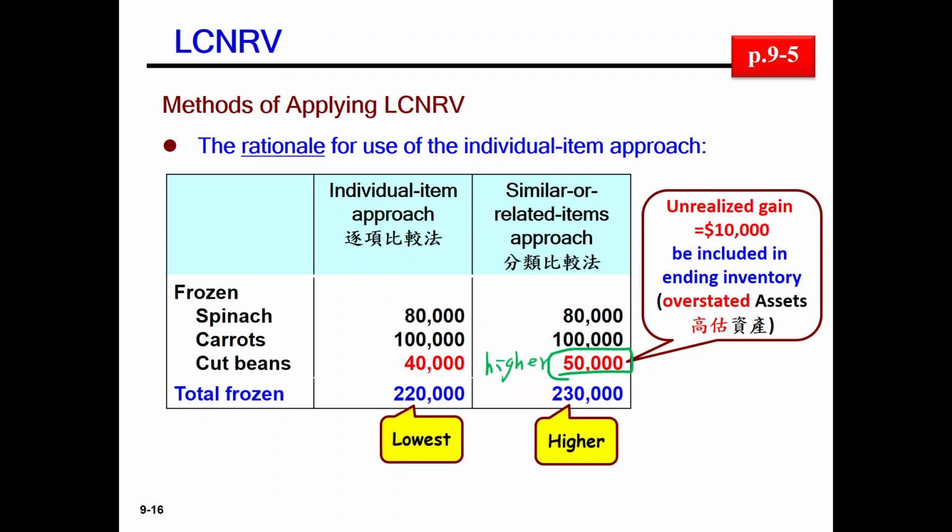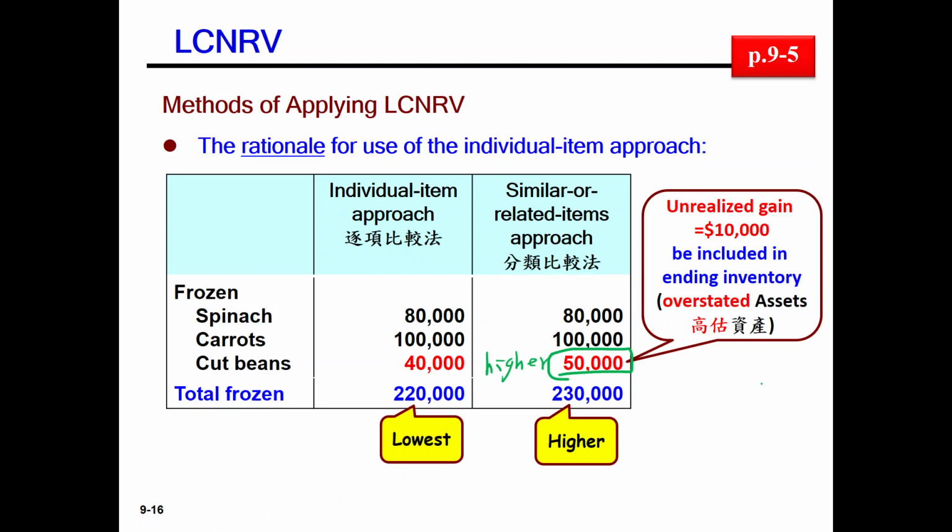When you include the higher one, means what? Means your amount includes some amount that doesn't have future economic benefit, okay? Because this is the higher one.